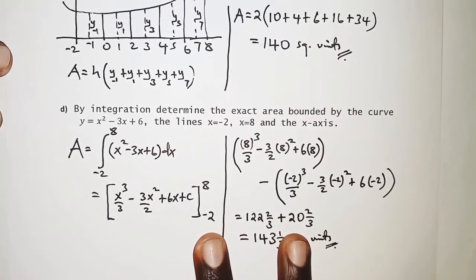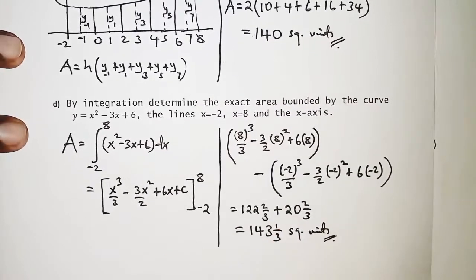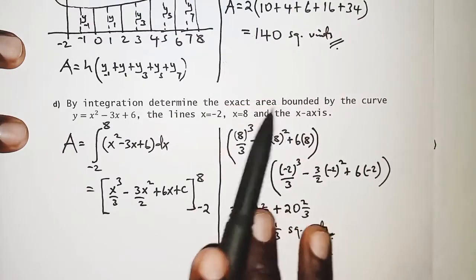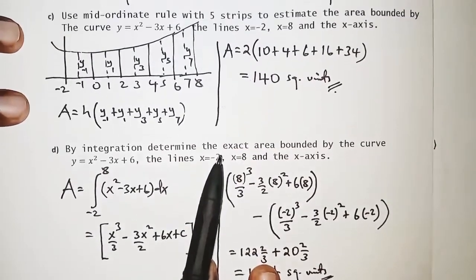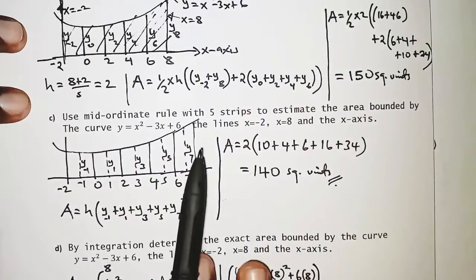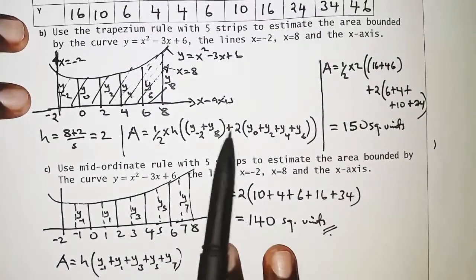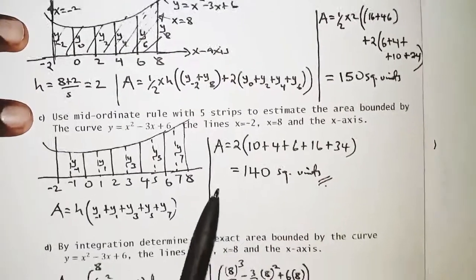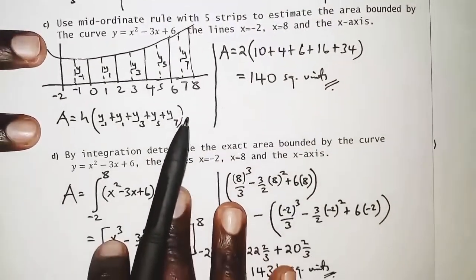Well, it's worth noting that the integration method determines the exact area. So you can see trapezium rule and the mid-ordinate rule are estimates. So they are somewhere close to the exact value. That's it for this question.